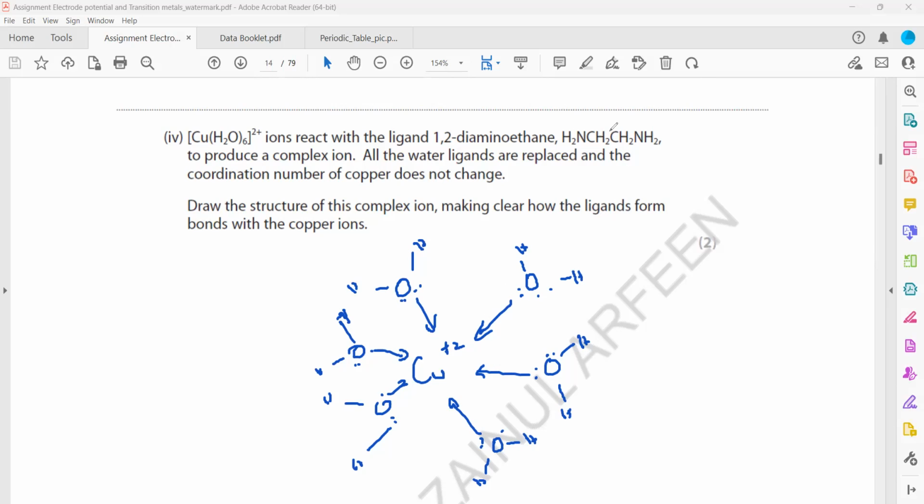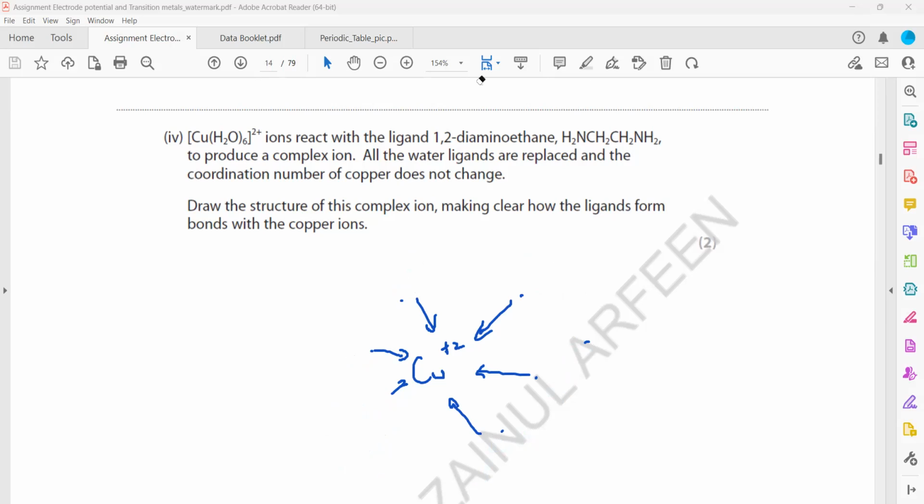But then it is replaced with a bidentate ligand in which nitrogen has the lone pair. So when we draw the structure for a bidentate, we just link them: nitrogen having a lone pair, NH2, then CH2, then CH2, and then NH2, the lone pair.